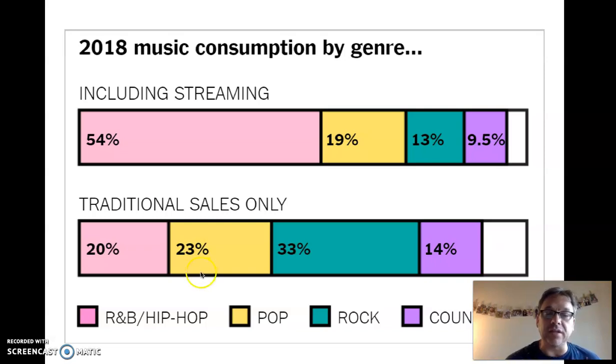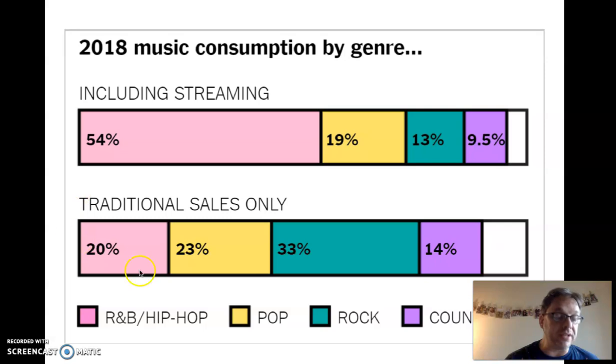Well, it's telling us about the different groups, the different kinds of music. So for example, for streaming or including streaming, right, with the traditional sales, most of R&B and hip hop is included in this, right? Traditional sales plus streaming. The smallest amount would be country.